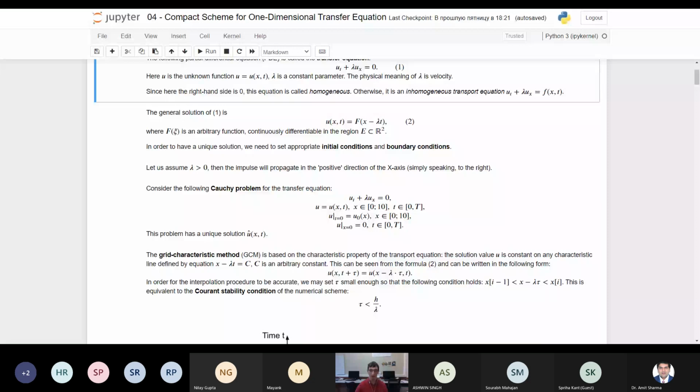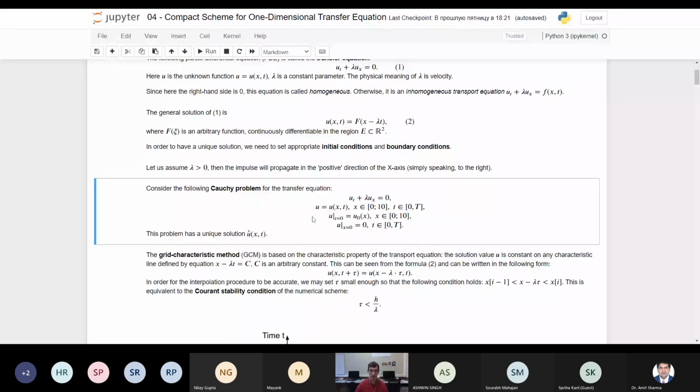Here we set a boundary condition of Dirichlet type, just setting the unknown function at the left border of our computational region to 0. So this Cauchy problem has a unique solution.